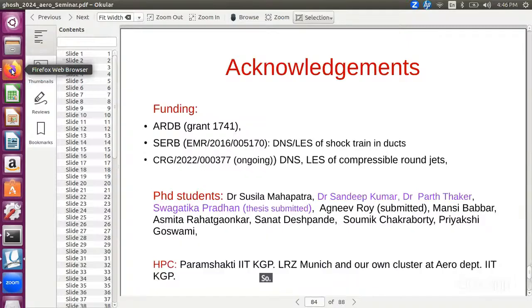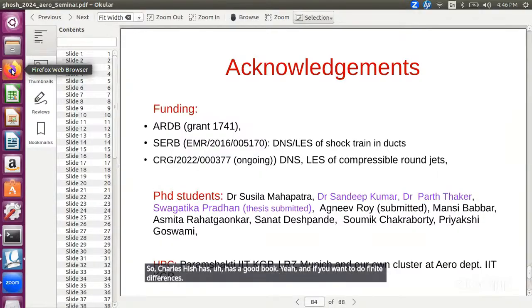So Charles Hirsch has a good book. And if you want to do finite differences, then the book of Parviz Moin, Engineering Numerical Analysis, is a good starting point.